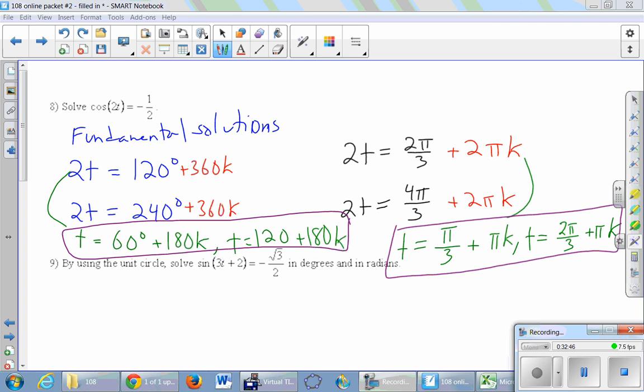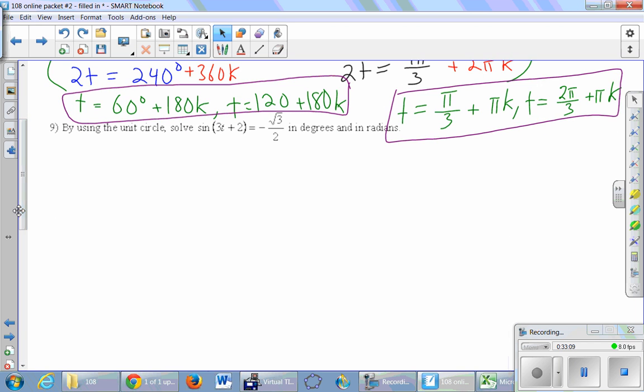If you plug in k equals 0, we get pi over 3 and 2 pi over 3. Those were two answers. If you plug in k equals 1, then this becomes 4 pi over 3. Plug in k equals 1, and this becomes 5 pi over 3. Those are the other two answers that we got before.